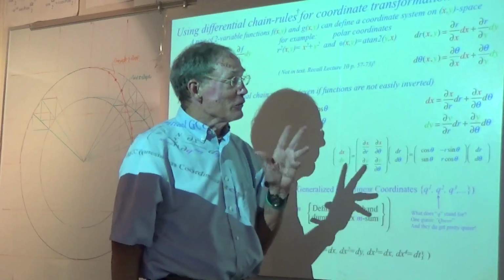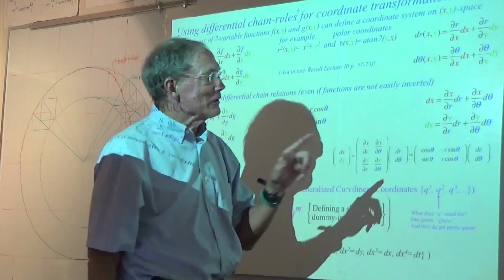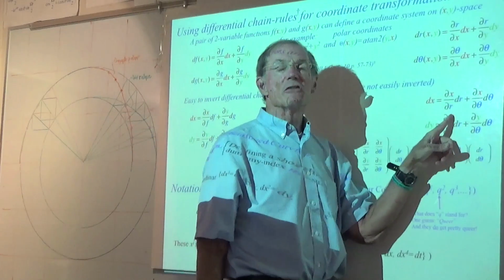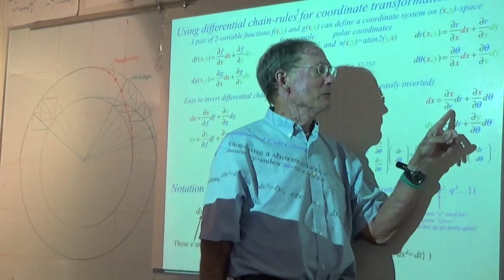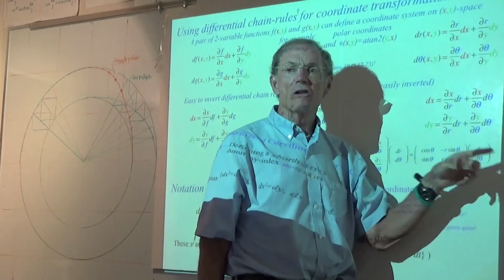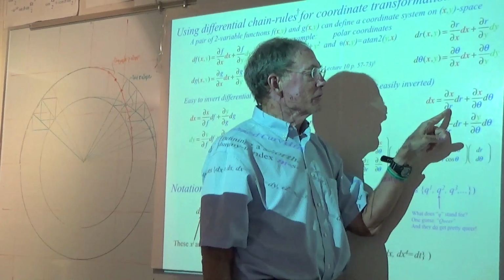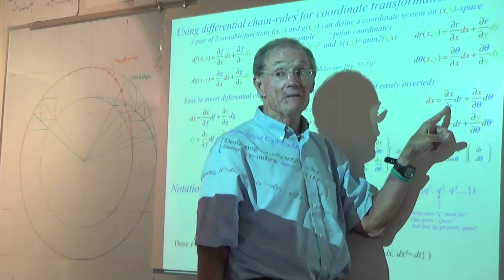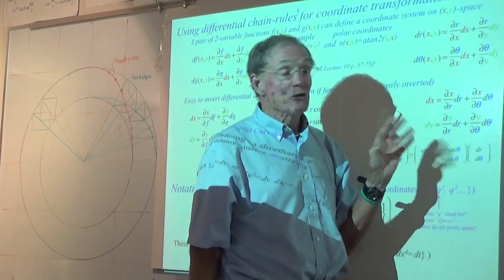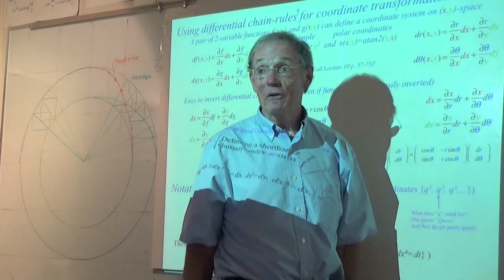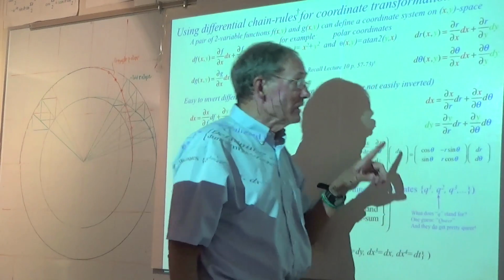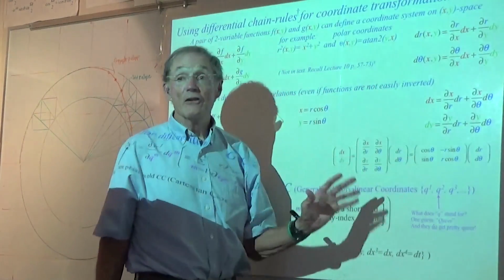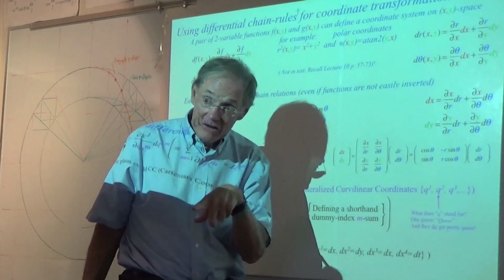Remember that they're very sort of contrived, because what they're doing is holding constant all of the other independent variables that there might be in a list like that. Here, it is understood that when I take that derivative, I don't move theta at all, right? Well, because of that, you're not allowed to turn that over simply. Instead, you've got to take the whole matrix, as we'll see, and invert that. Okay.